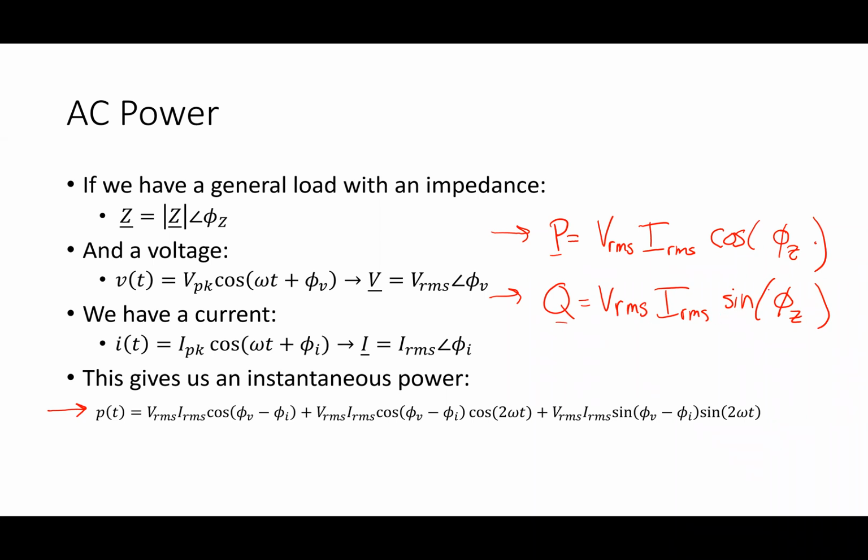Just for the sake of argument, let's say V RMS times I RMS was equal to 10. So that means I've got P equals 10 cosine phi Z, and Q equals 10 sine phi Z. Doesn't that somehow look like what we would see with vectors?